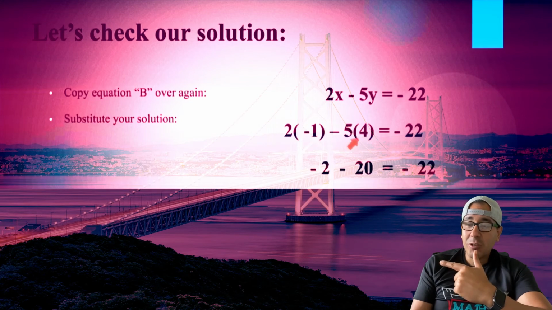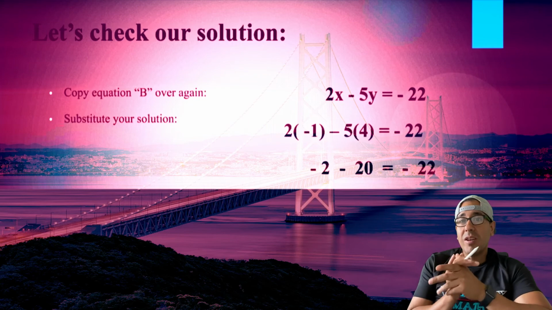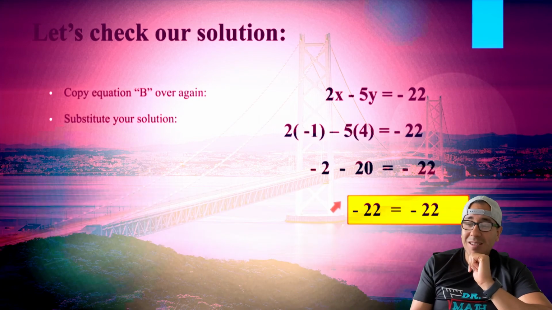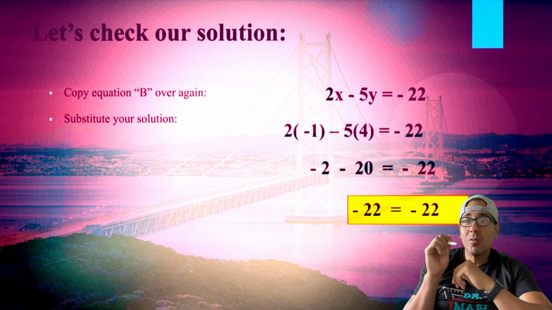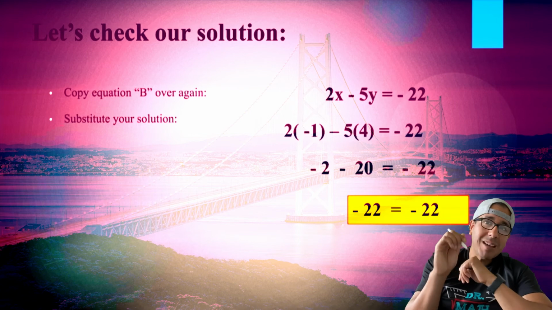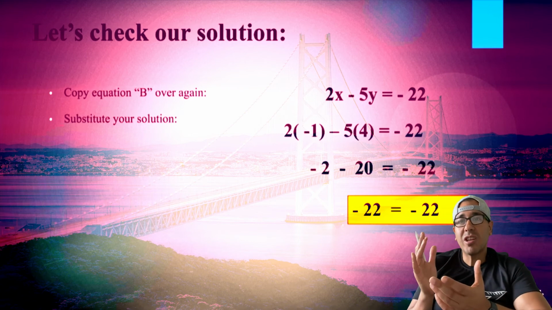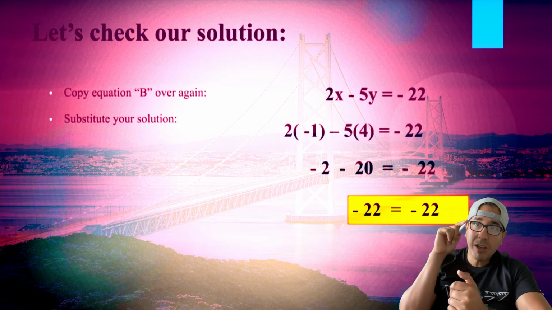And after evaluating the equation for those values of x and y, what I'm gonna see is that both sides are equal to each other. So what that tells me is that my solution is correct. So you never have to wait for your teacher to check your work. You could always check your work yourself.